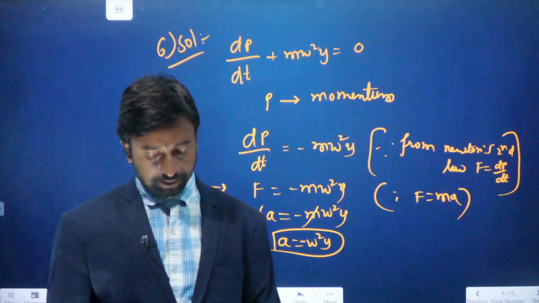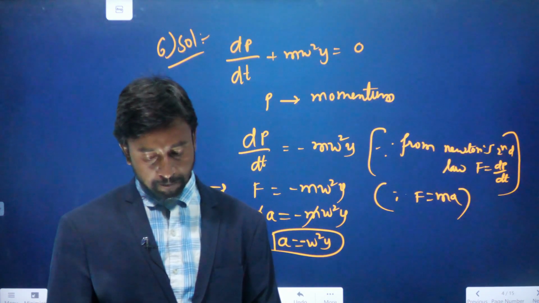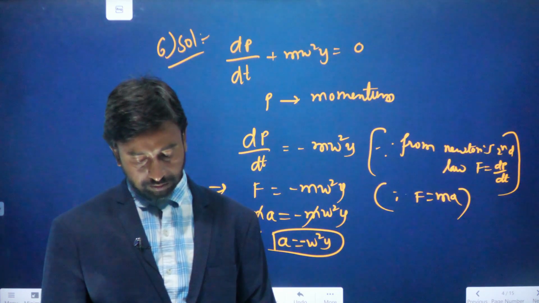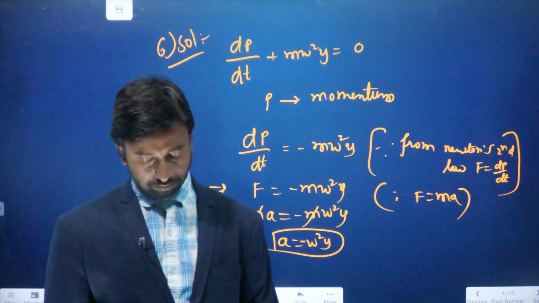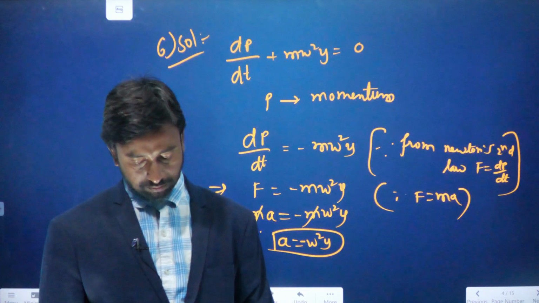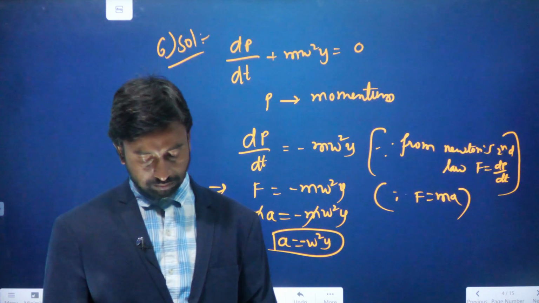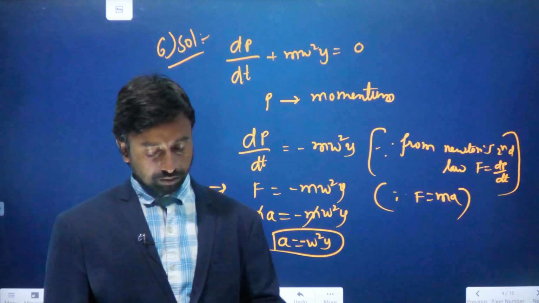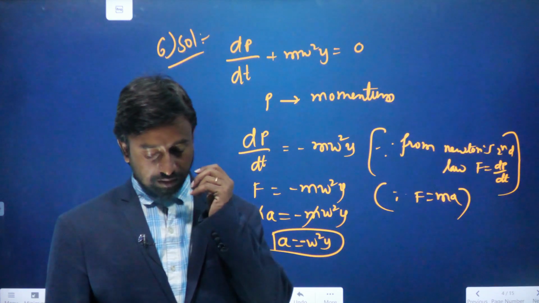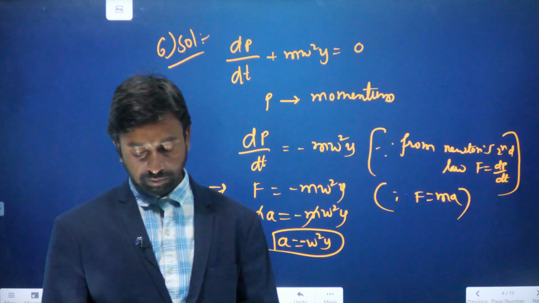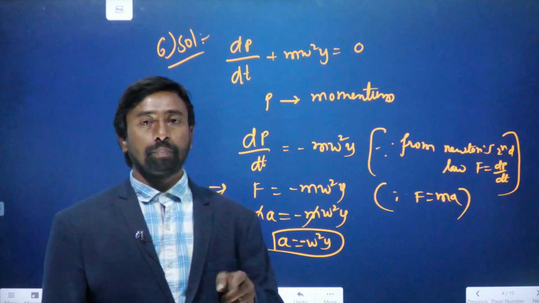Eighth question, you see here. A particle moves on the y-axis according to the equation y is equal to a plus b sin omega t.